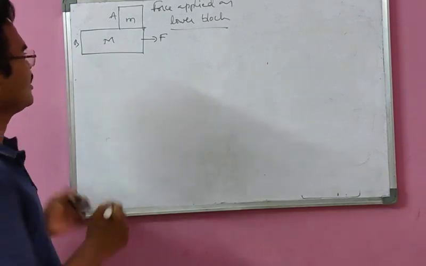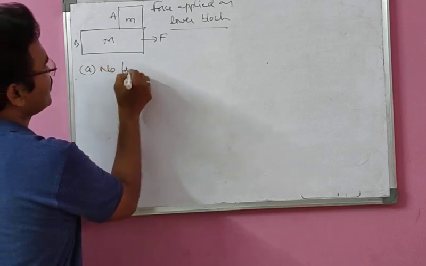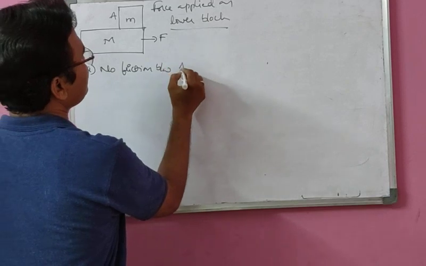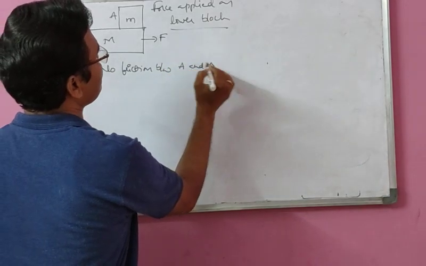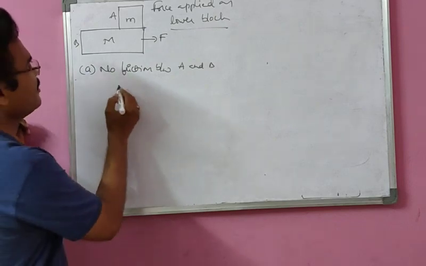Again we take cases. The first case is no friction between A and B. If there is no friction between A and B, what happens here?